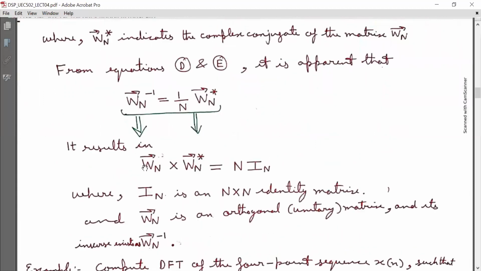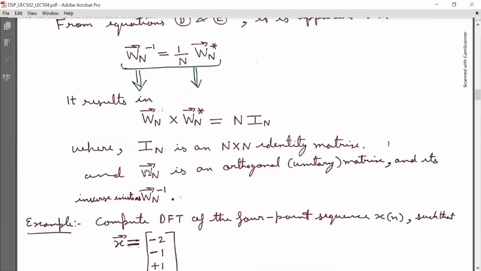It results in capital W matrix multiplied with the conjugate of capital W matrix equal to capital N into matrix I, where matrix I is an N cross N identity matrix, and capital W matrix is an orthogonal unitary matrix, and its inverse exists as inverse of W matrix. And this you have studied in your mathematics course, I hope so.